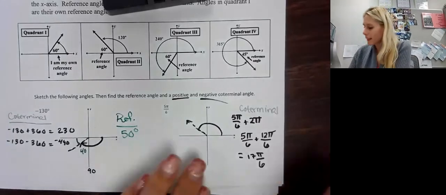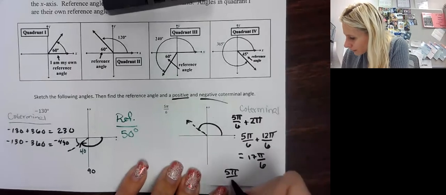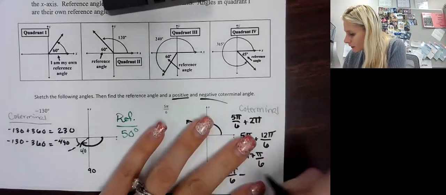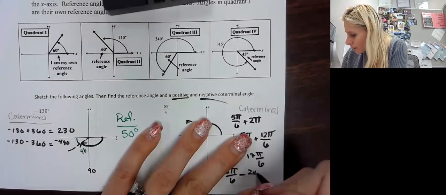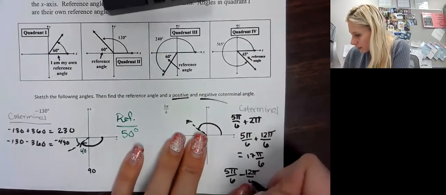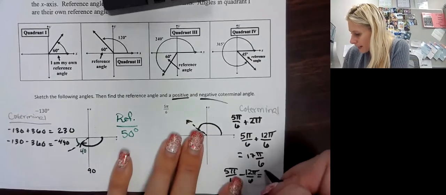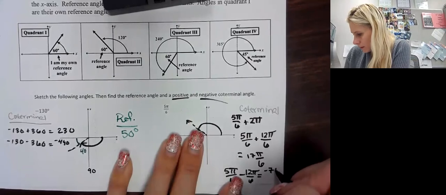And then we would do the same thing. We would subtract 5 pi over 6 minus 2 pi, which is actually 12 pi over 6. And that would give us negative 7 pi over 6.